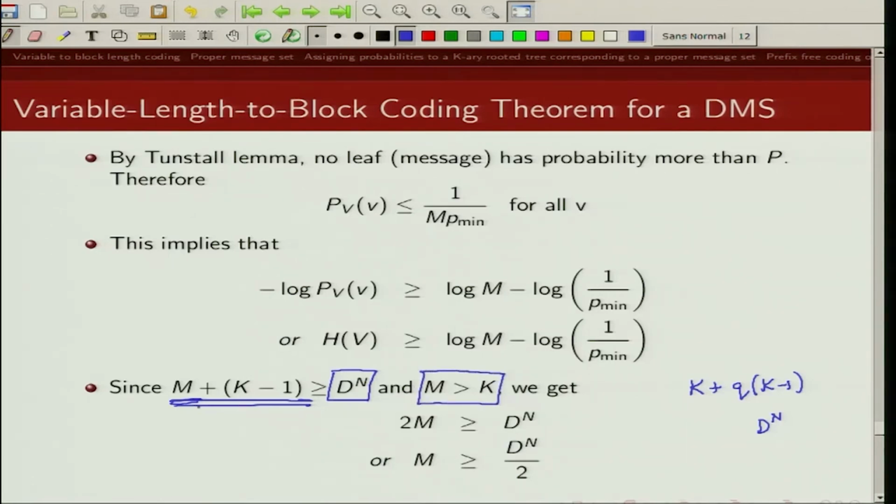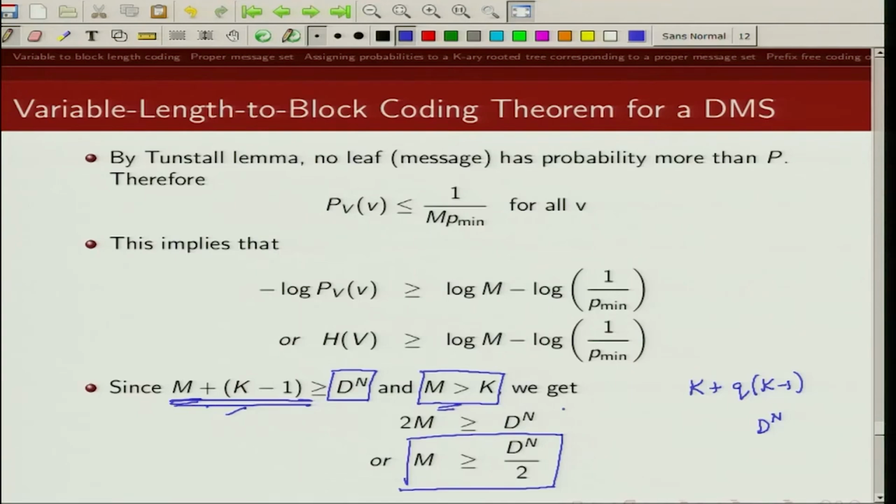So from this relation I can write that 2 times m is greater than or equal to d raised to power n. So m is greater than or equal to d raised to power n by 2.